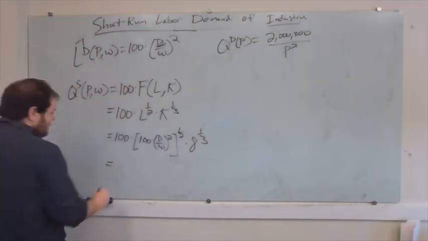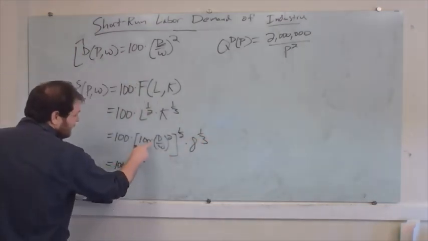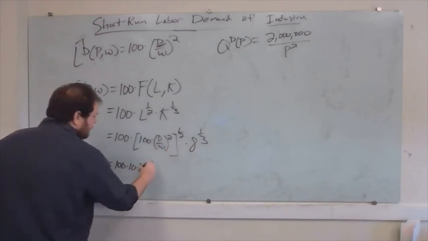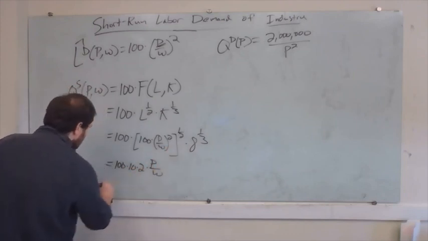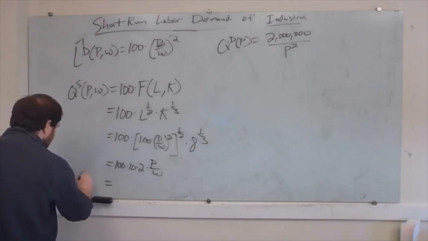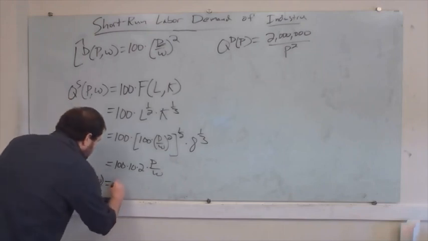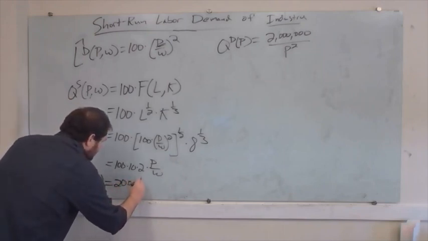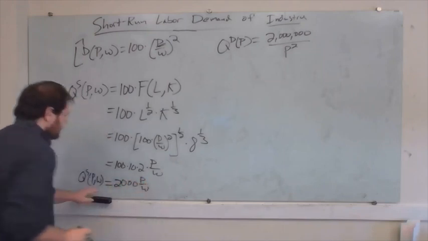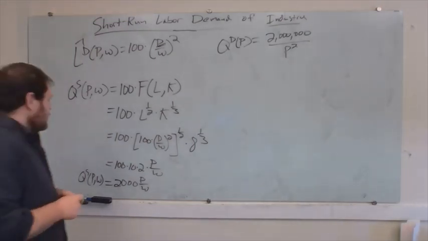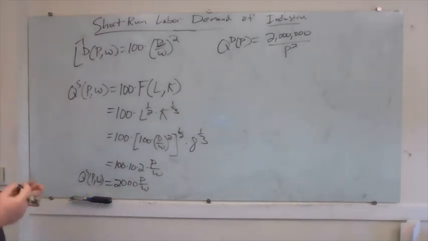So this thing becomes 100 times 10 times 2 times P over W, right? Or just 2,000 times P over W. Lovely, lovely, lovely.